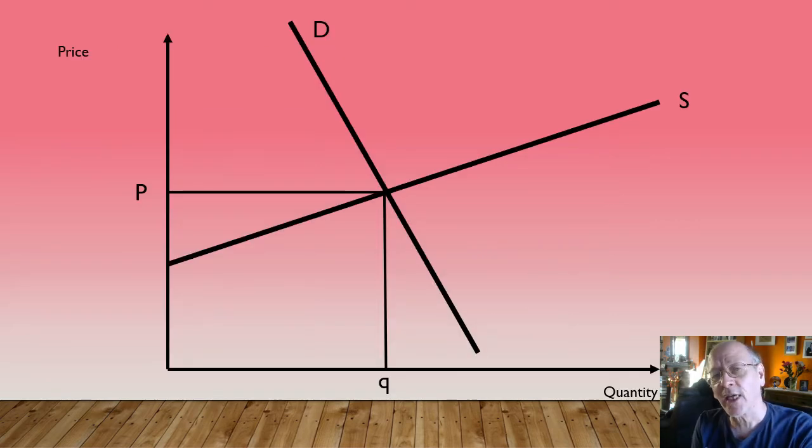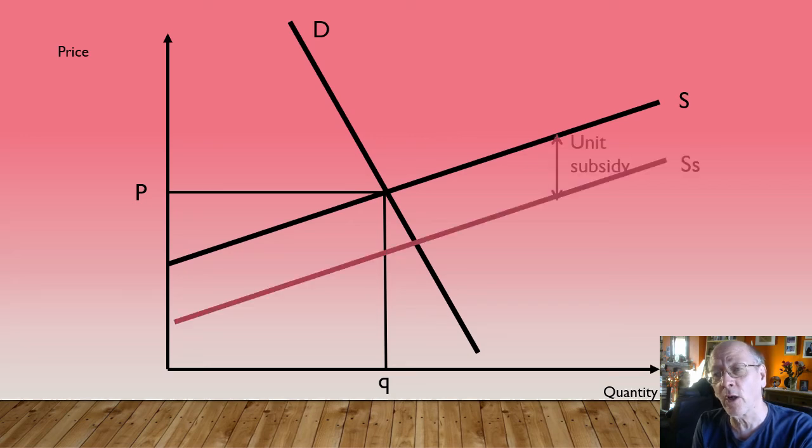So again, let's take our starting market equilibrium, P and Q, and this time we are going to give firms a subsidy of £30 a unit. So we get a parallel line £30 below the existing supply curve, showing that unit subsidy. Remember that it's a decrease in costs to the firm as far as they're concerned.